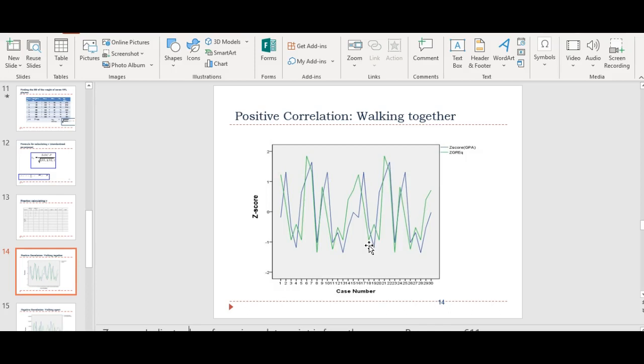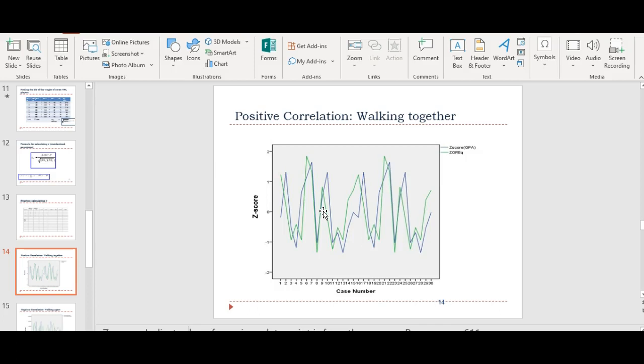The general pattern indicates a positive correlation because, remember, when there's a positive association, as one variable increases, the other will increase to the same extent. If someone scored 1 standard deviation above the mean on GRE, we would also expect GPA to be 1 standard deviation above the mean, or approximately.